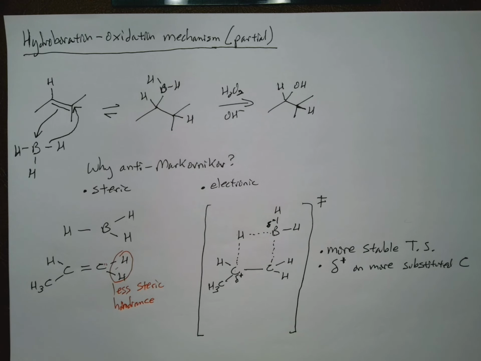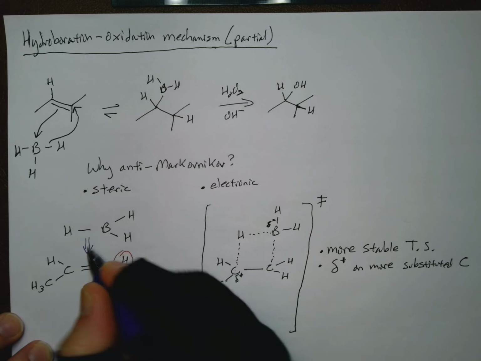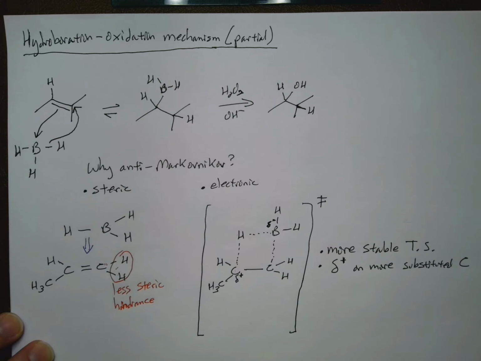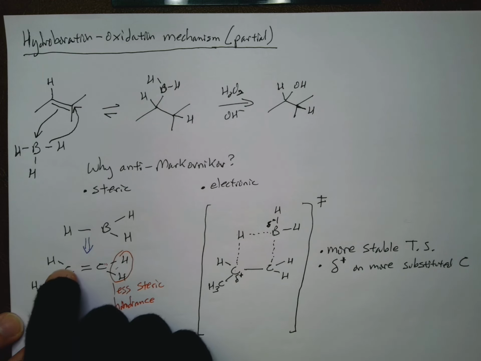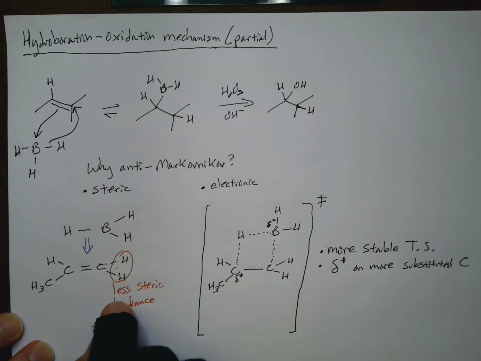I just realized one more thing. This also explains the syn addition, because this guy's adding in from both things at once from one side. So it's not like we have that three-membered ring and then it's being opened from the opposite side, or we make a carbocation and things could add from either side.